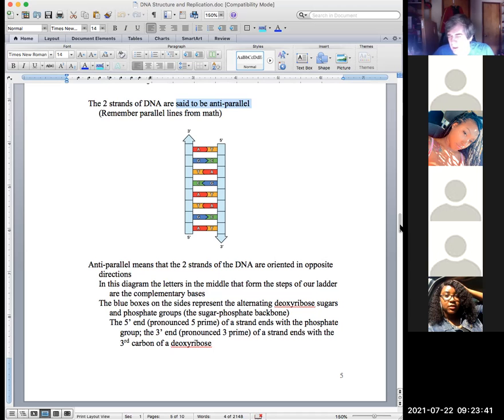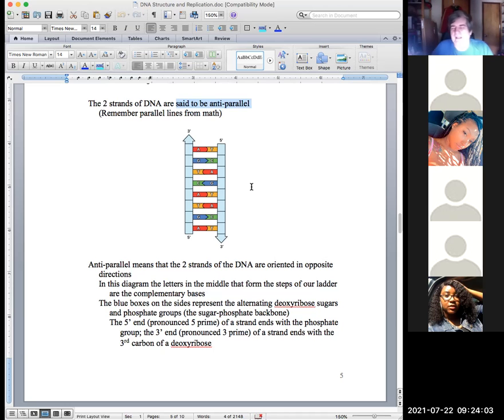During replication, one way to think about this, if we just focus on, say, the left strand of DNA: if you look at all the DNA in the human nucleus, there's about 3 billion nucleotide pairs. So 3 billion letters, A, C, G, and T, and then they're paired with whatever their complement is.